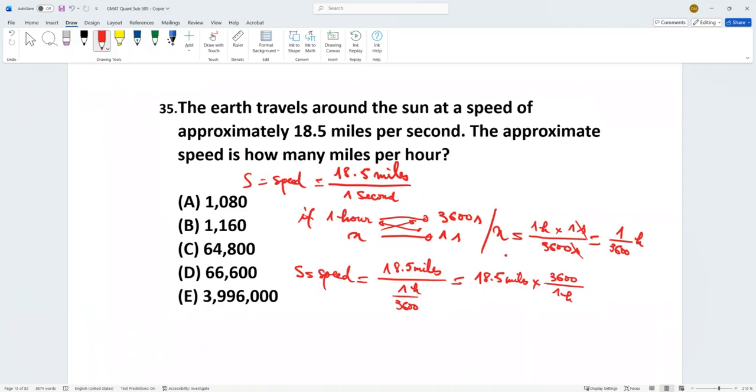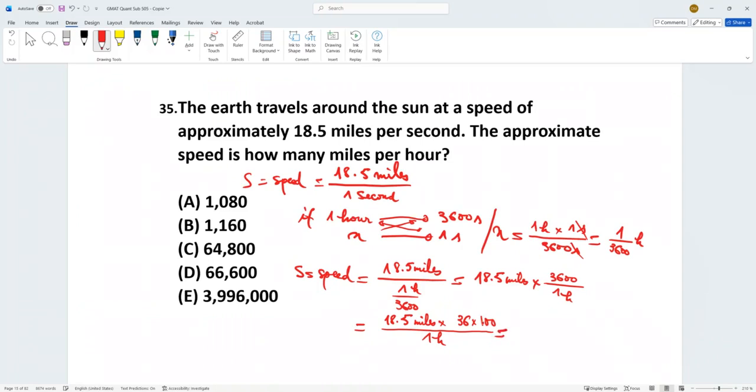This can be written as 18.5 miles times 36 times 100 over 1 hour.